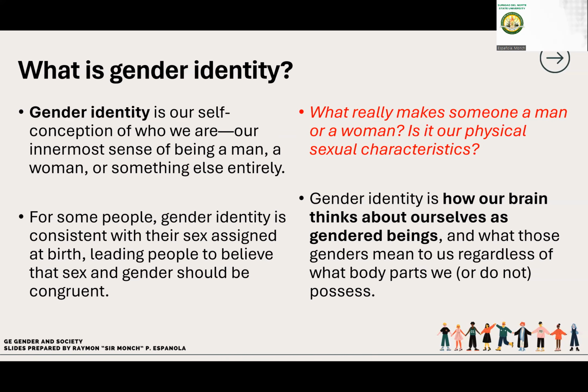So it doesn't matter whether we have a penis or vulva. What matters is our understanding, how our brain thinks of who we are: man, woman, neither, or both man and woman at the same time.